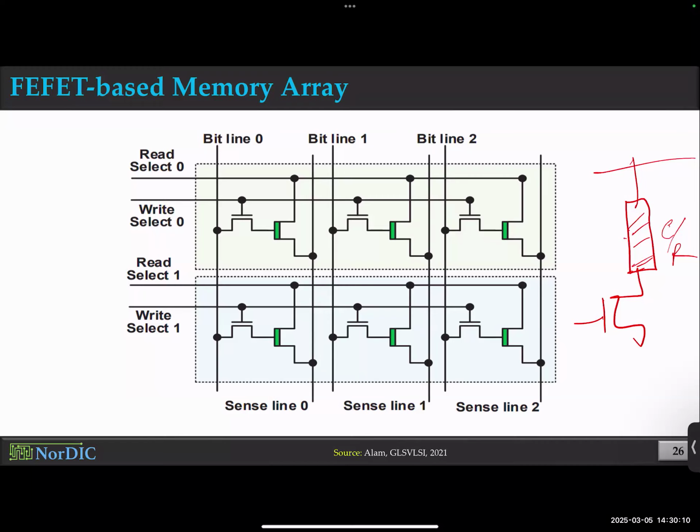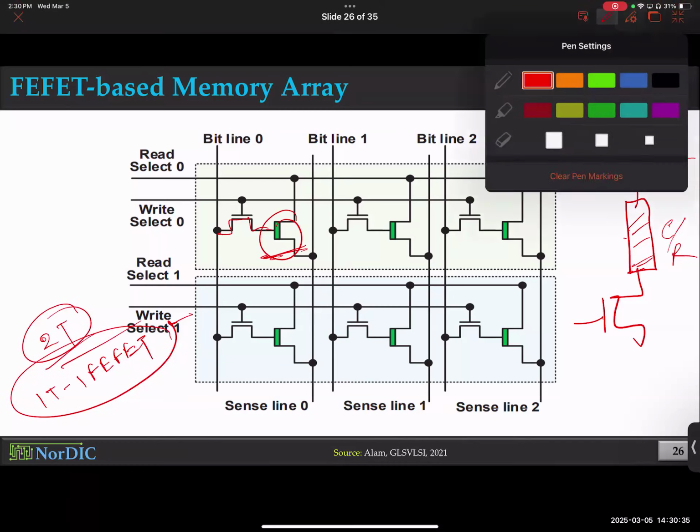There was 1T and then others, right? But here, how can I put it? I should put it as 2T. There are two transistors. Some people prefer putting it as 1T 1 FET, because the other one is not just a transistor, it's a FET. So in some references, you will get 1T 1 FET. Somewhere they will just go with 2T.